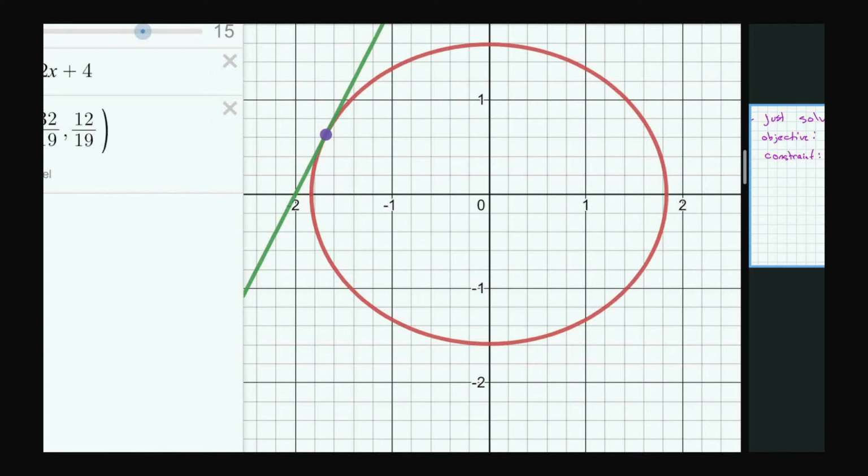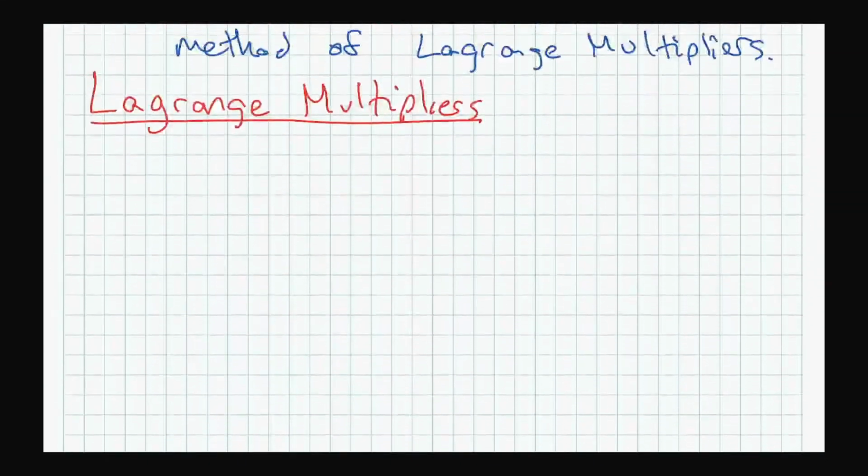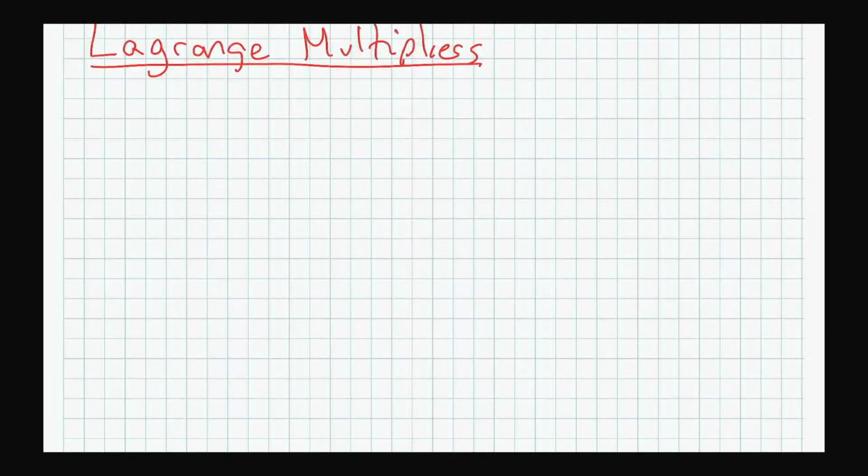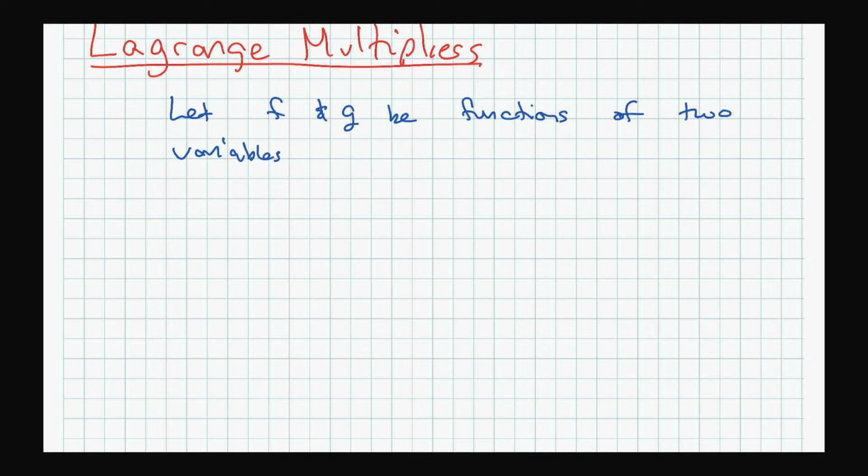We just want to know, where does this happen? And so here's the method. Let f and g be functions of two variables with continuous partial derivatives.